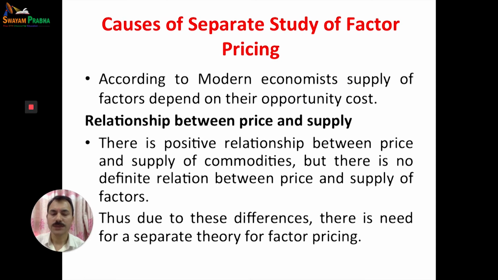So there will be no definite relation between the price and supply of a factor, whereas there is a definite positive relationship between quantity supplied and price of commodities. Thus, due to these differences, there is a need for a separate theory of factor pricing.